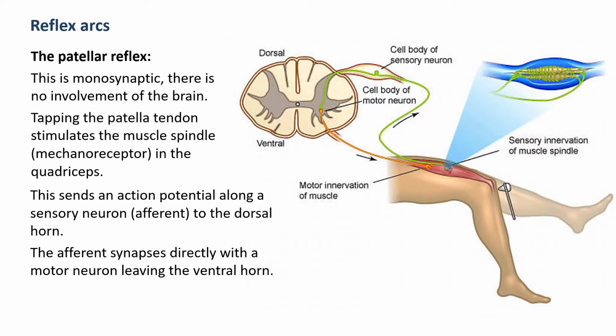This mechanoreceptor, the muscle spindle, sends an action potential along a sensory neuron, which we now know is afferent, all the way up, as all sensory neurons, to the dorsal horn. The afferent coming in then synapses directly with a motor neuron, which then leaves the ventral horn. Remember, afferent comes into the dorsal horn, efferent goes out of the ventral horn.